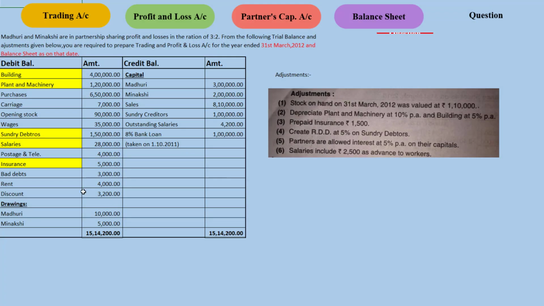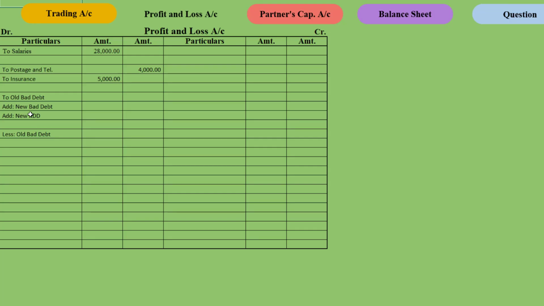Okay, now this one is old bad debt 3,000. Go to the profit loss account and here you record 3000.